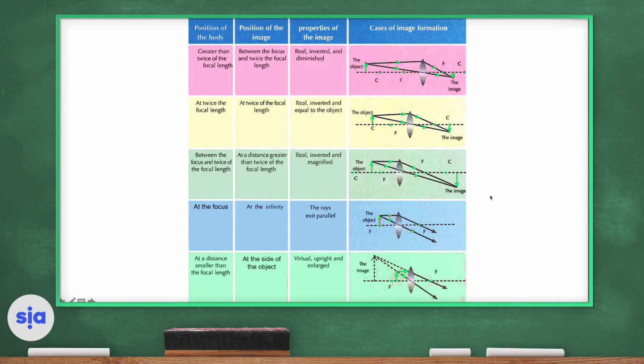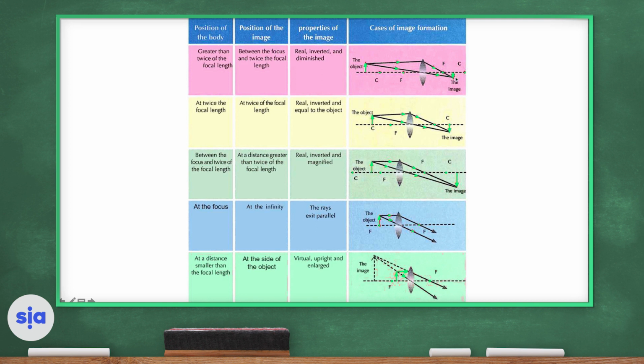And here let's discuss the position of the object and the position of the image related to a convex lens. When the object is located at a distance greater than twice the focal length, the image will be between the focus and twice the focal length.